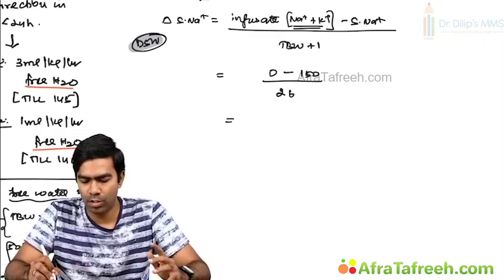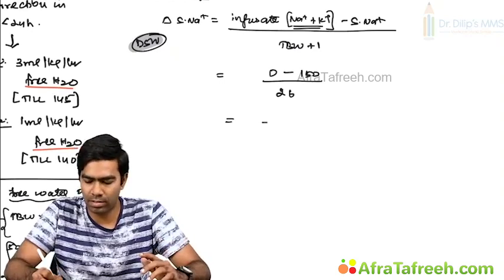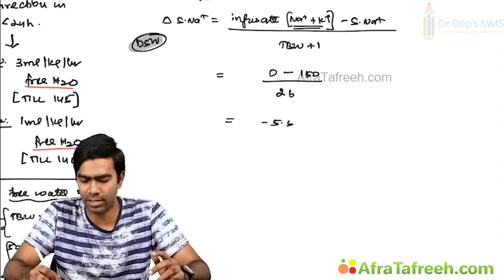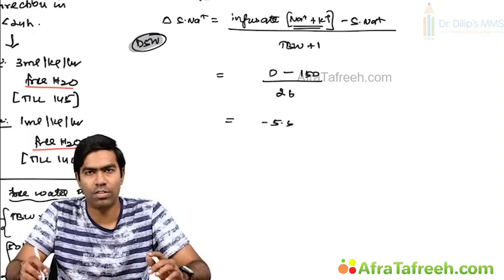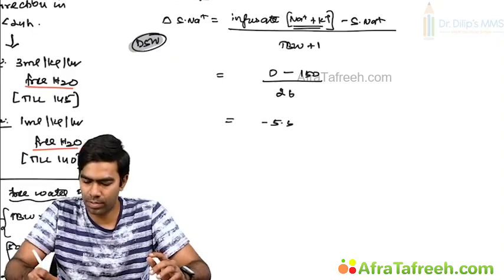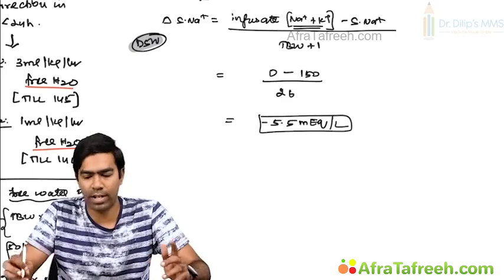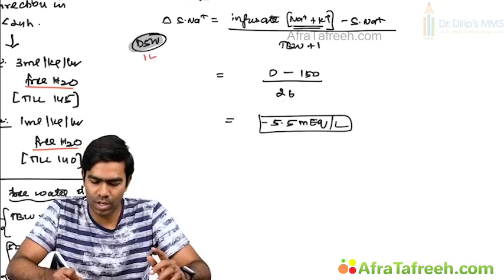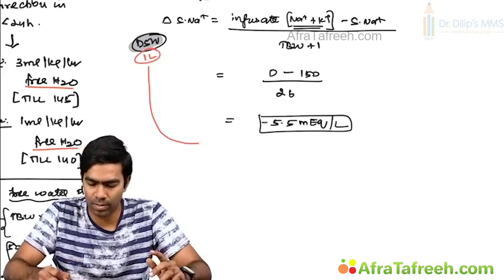Here, you might get around minus 5.5, or somewhere around minus 6. So what I am trying to tell is, if you infuse 1 liter of dextrose 5 water, my serum sodium will decrease.